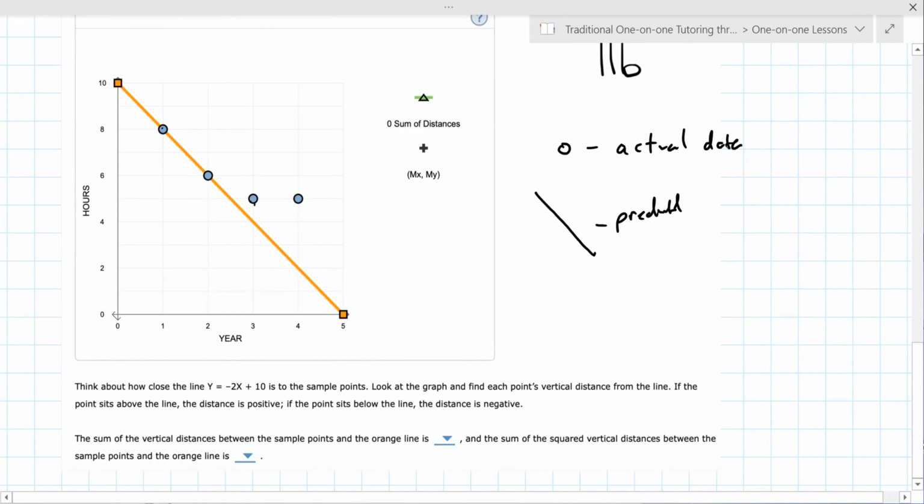This one right here is 1 away, and this one right here is 3 away. So the sum of the vertical distances between the sample points and the orange line should be an option for 4 there. Yes, there is. And then for the sum of the squares, you have to square both: 1 squared plus 3 squared is 1 plus 9, which is 10.